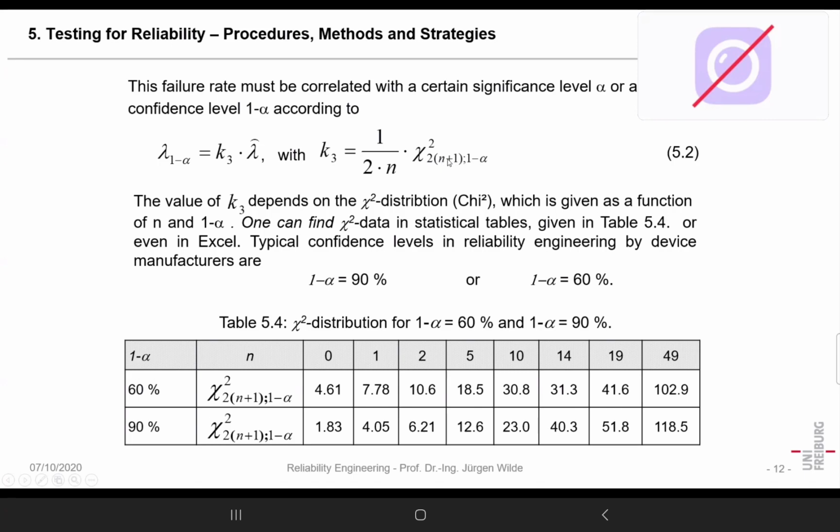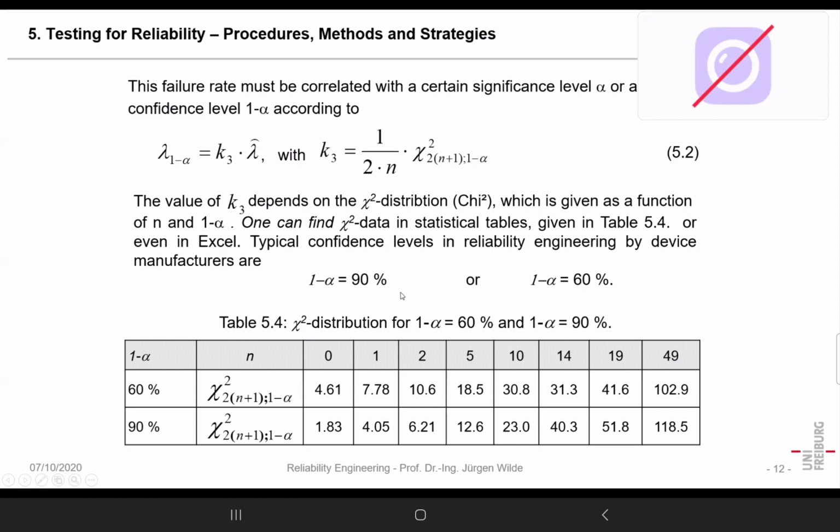So if you have only one failure, you put in here 2 times 2, then it's chi-square of 4 and 1 minus alpha, and then 1 minus alpha is, for instance, 0.9.